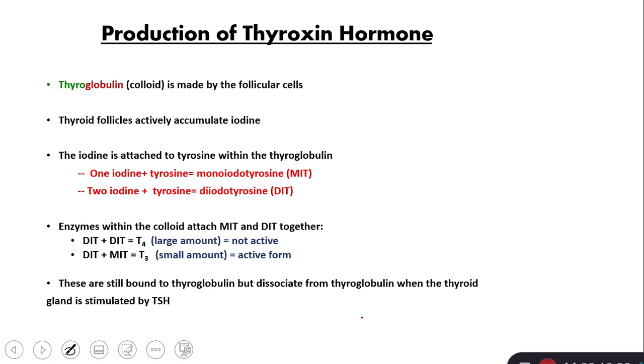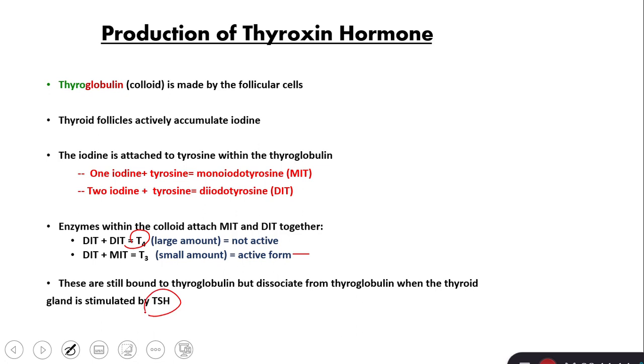The thyroid gland produces a large amount of T4, the one that is formed by the combination of two diiodotyrosine, and it produces a small amount of T3, the one that is formed when diiodotyrosine joins monoiodotyrosine. But the active one is T3 and T4 is not active. So once they enter their target cells, every T4 is going to be changed into the active form, which is T3.